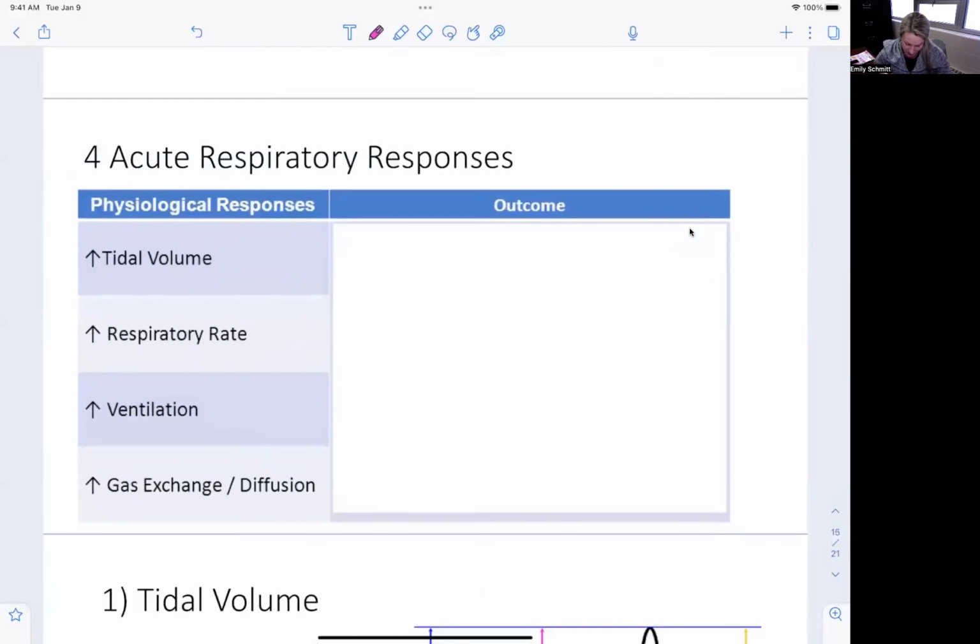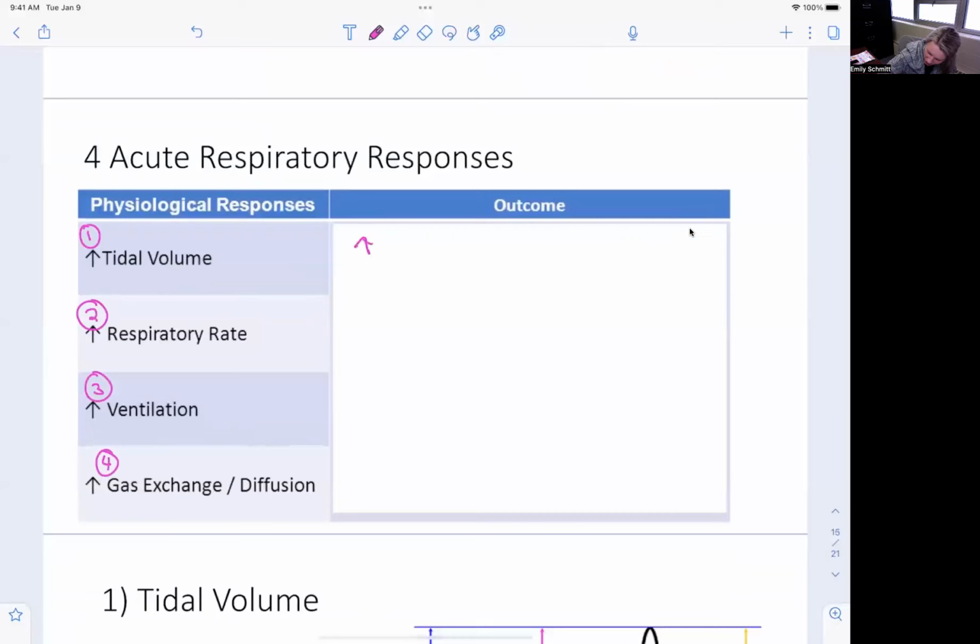So let's talk about some of these 4 acute respiratory responses to exercise. First, we'll have an increase in tidal volume, we'll have an increase in respiratory rate, we'll have an increase in ventilation, and we'll have an increase in gas exchange and diffusion.